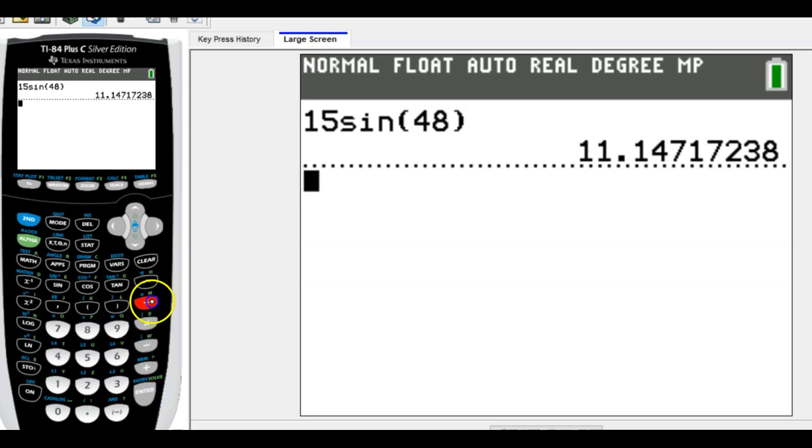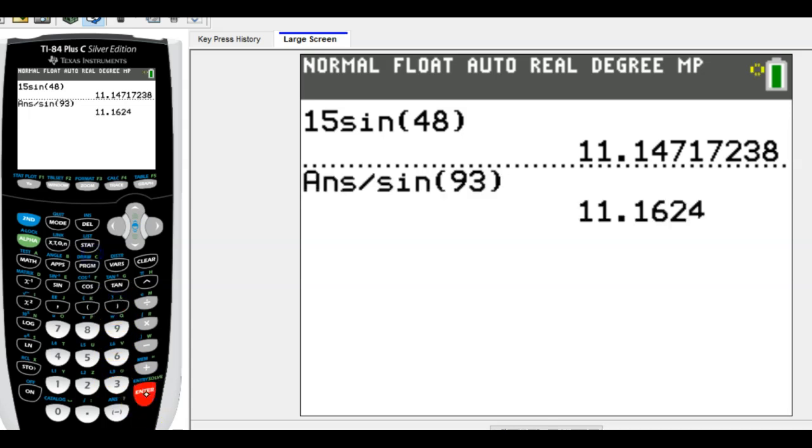Then I'm going to say divided by the sine of 93. So you get 11.16.